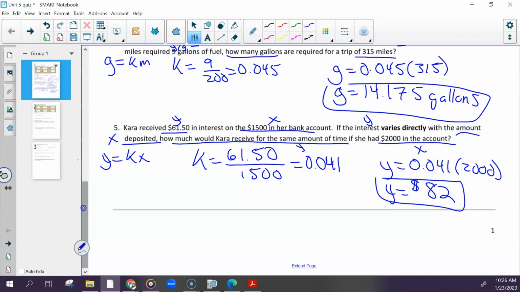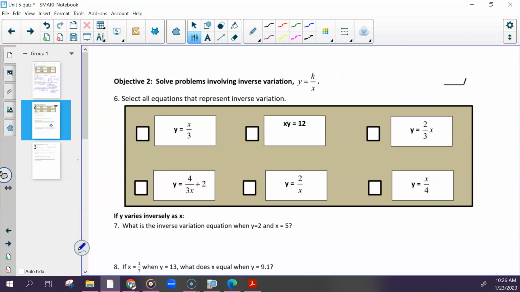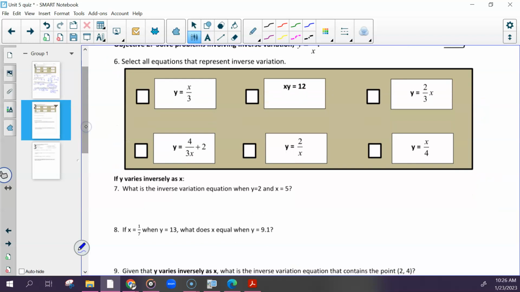Okay, go on to the next page. The ones that were inverse were only these two. I'm going to talk about one of them. Some of you marked this one. If you marked that, I said it was okay.